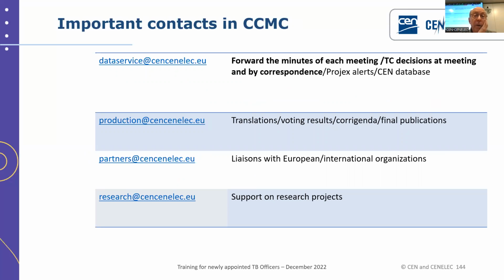Here, there is the list of the key services where you can interact. You can, of course, interact with the PM, but when it is an issue of data nature, it's better to go to the data service. When it is an issue related to production, blockage of a document, quality of a figure, go to production.